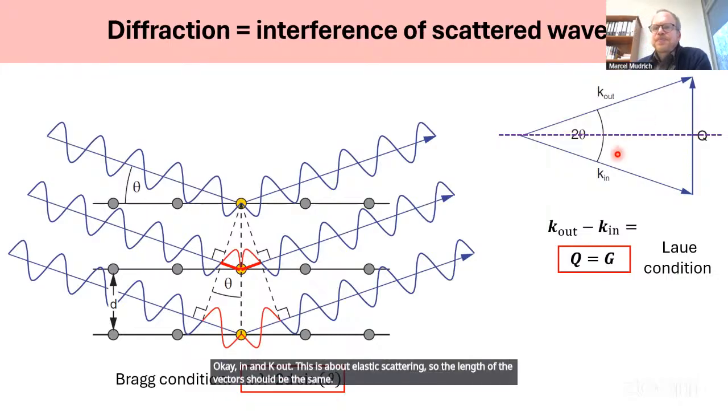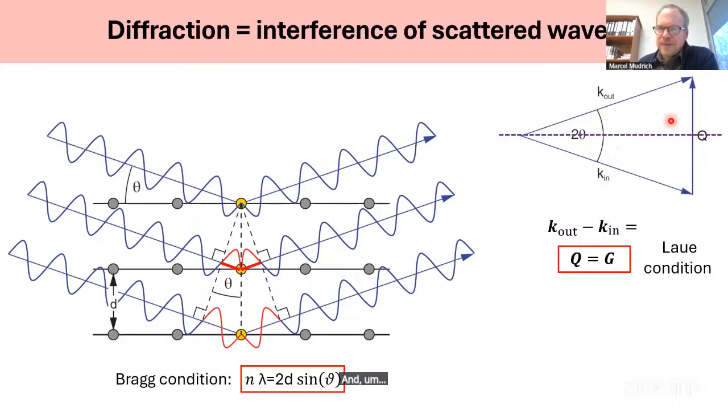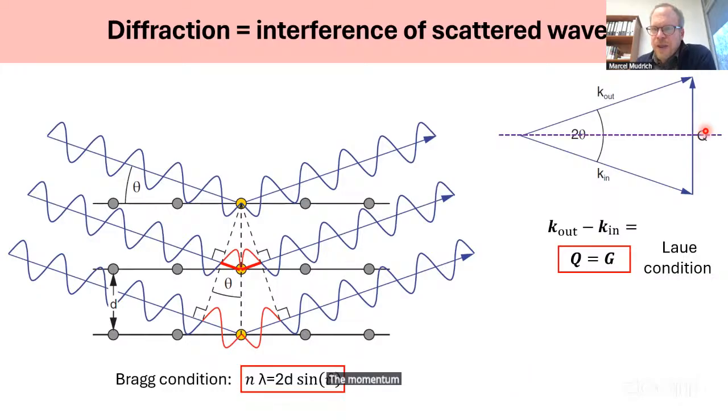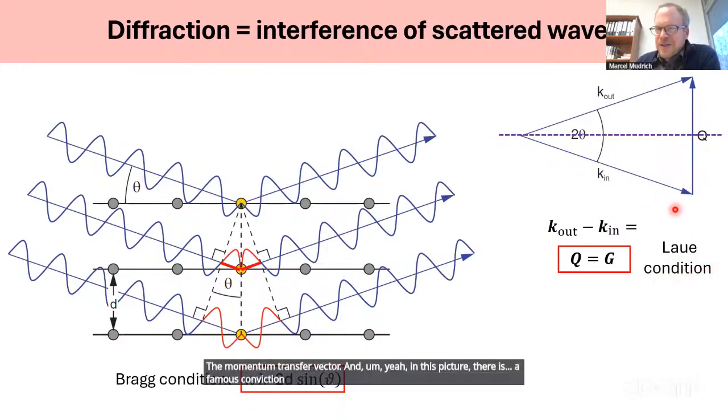And the connecting vector, so the difference between k out minus k in, that is called the q vector, or the momentum transfer vector. And in this picture, there is a famous condition for constructive interference, which is called the Laue condition.